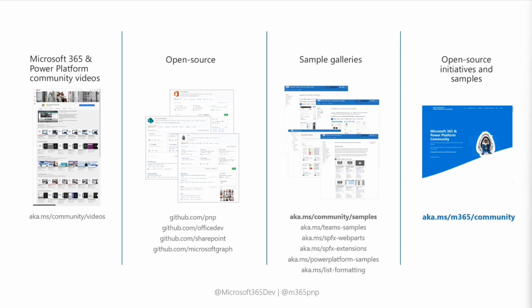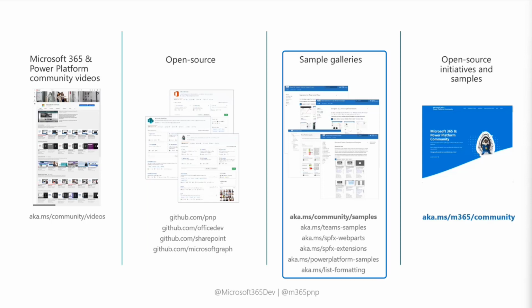We also have a plethora, to borrow a word from my friend David, of samples in the sample galleries. And each one of the sample galleries are actually rolled up together on adoption.microsoft.com, but you can also access them individually by going to the various repositories that are listed on the slide here.